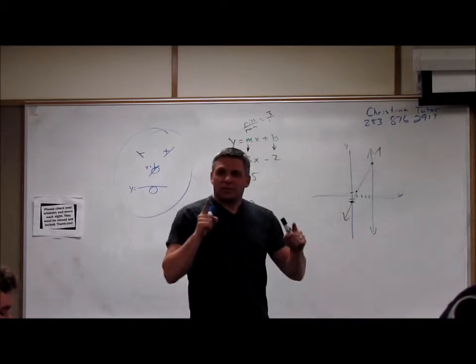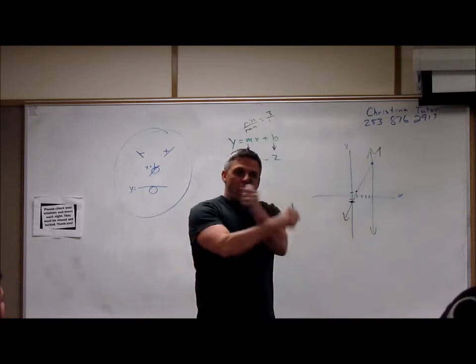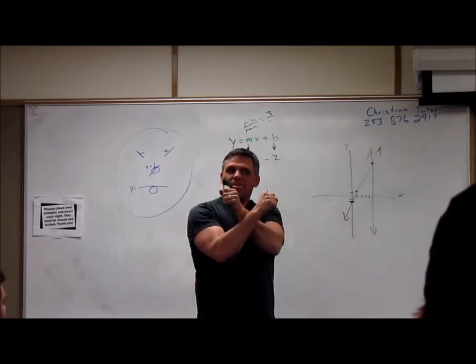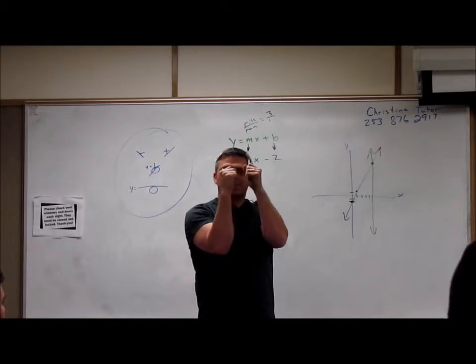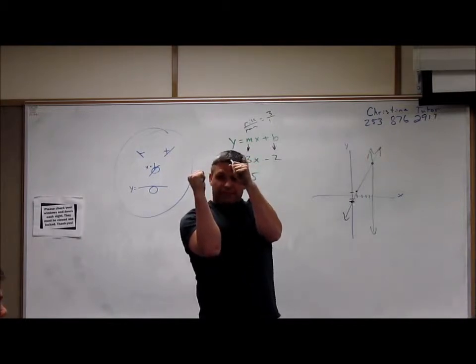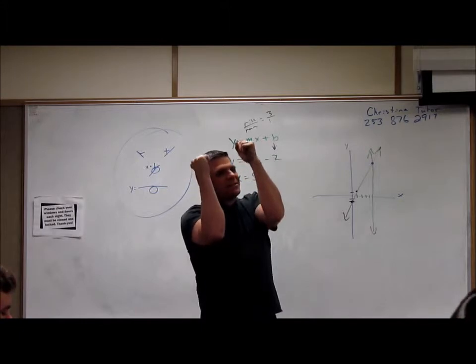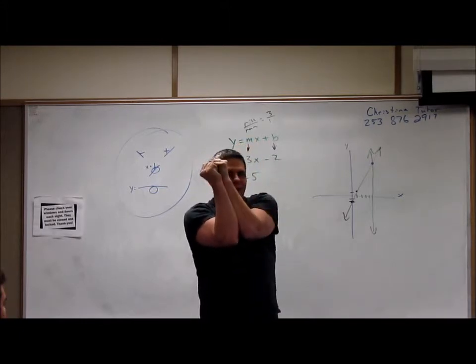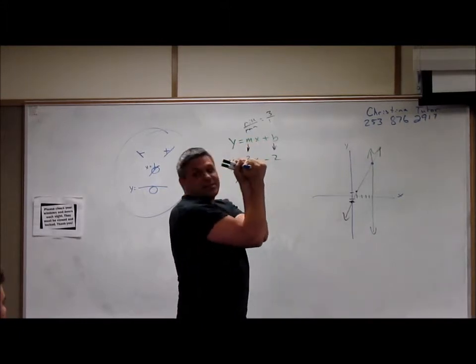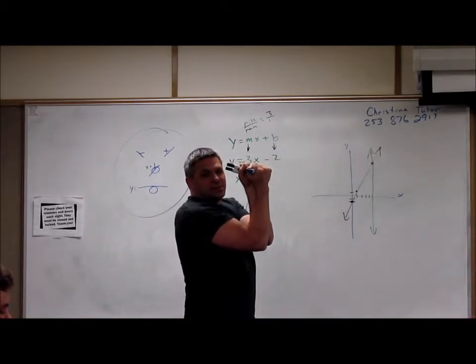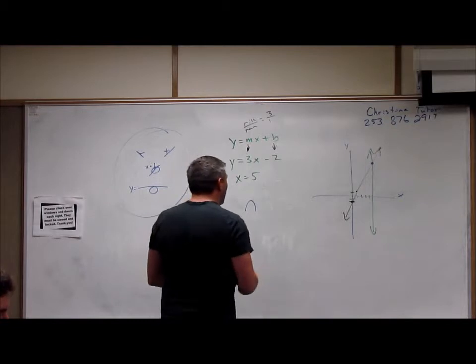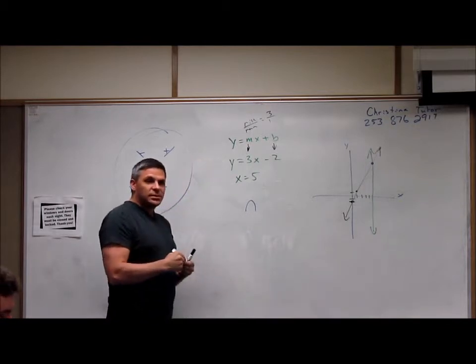Two lines can cross at one place, right? Two lines can also cross at no places, right? And two lines can cross at infinite places if they are the same line but look different. Does that make sense? Absolutely. So you have three solutions.